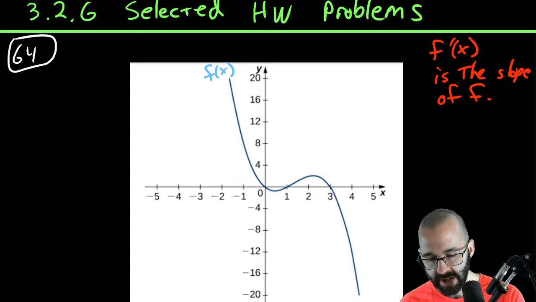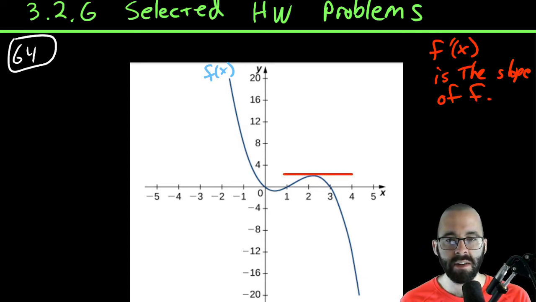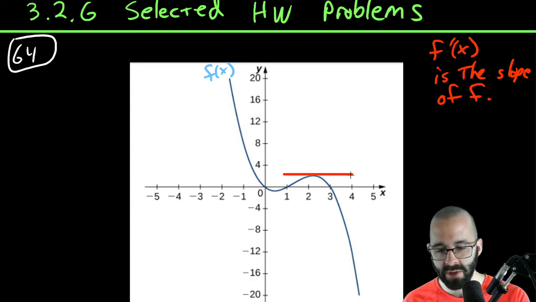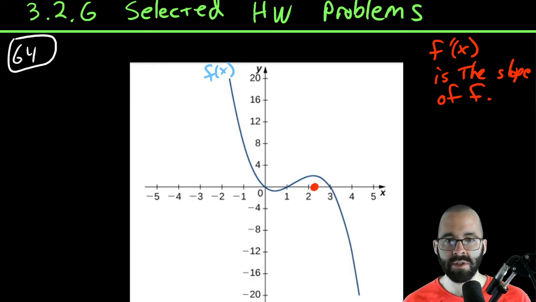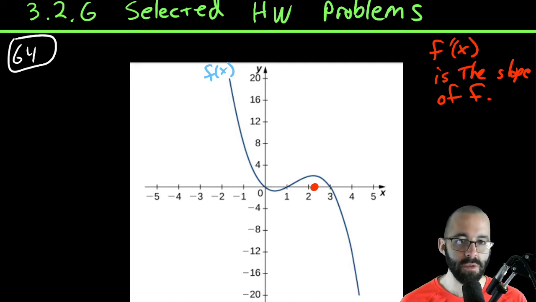So let's start with the easy ones. The slope of the blue graph is 0 right here because the tangent line's flat. So the red graph, which is the slope function, is going to have a value of 0 here.